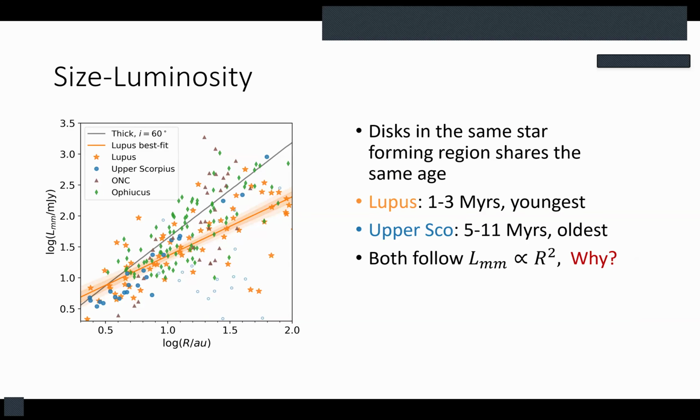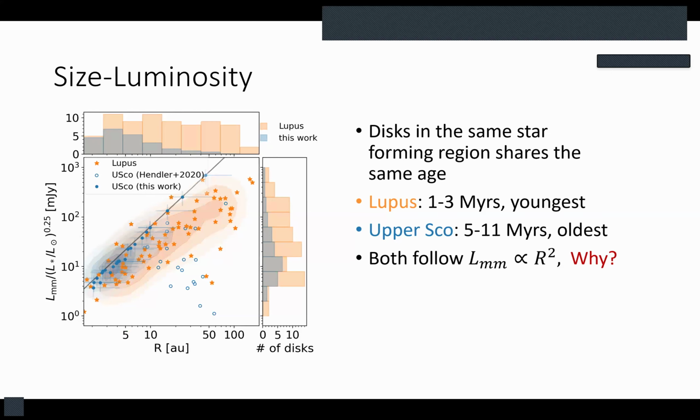Here we collect a large sample and plot their size and luminosity. We classify them by different star-forming regions, because disks in the same region typically share similar ages. I want you to focus on two regions, Lupus and Upper Scorpius.